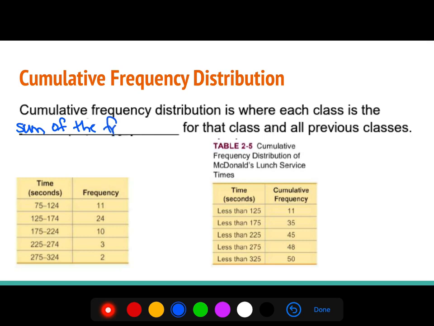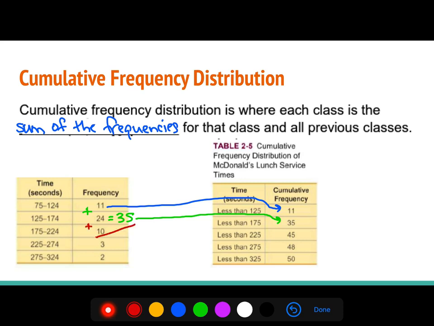A cumulative frequency distribution is where each class is the sum of all the frequencies before it. So, back to my McDonald's example. 11 is the first number, so 11 stays the same.